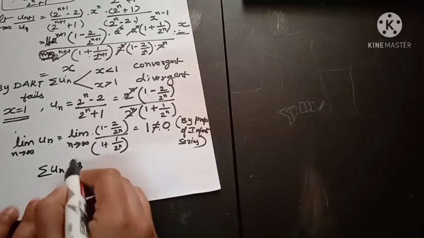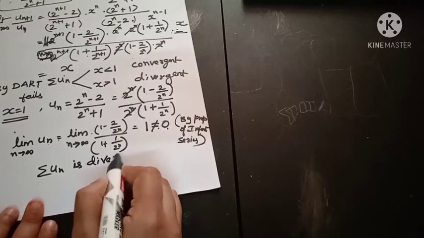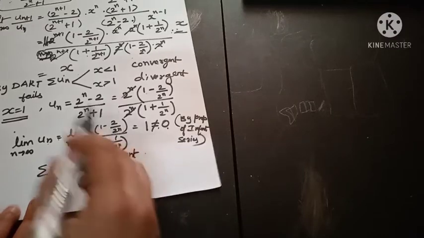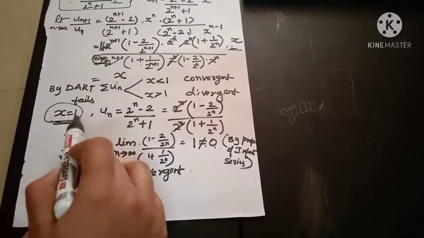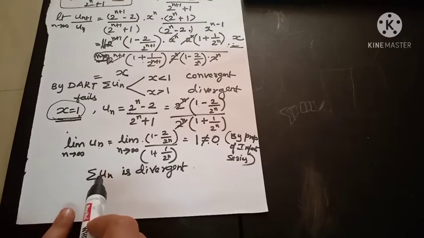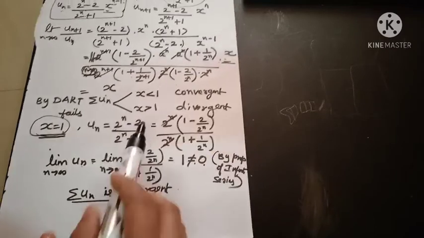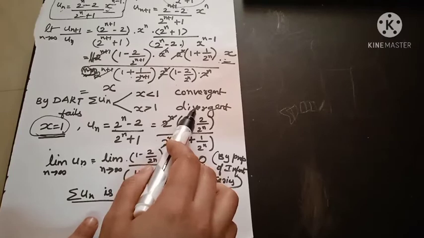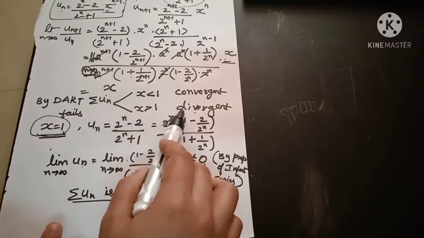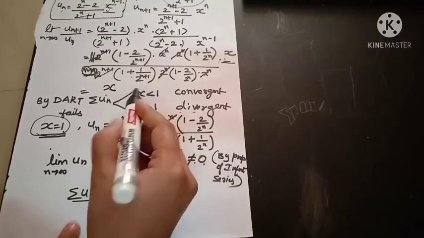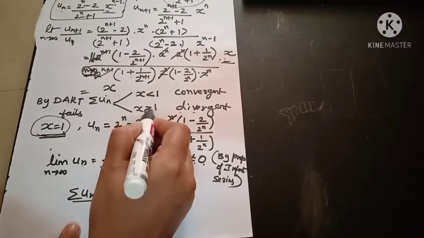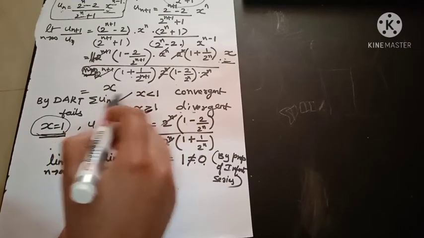Then the series is divergent. So when x is equal to 1, we are getting the result that the series is divergent. When x value is 1, the series is divergent.